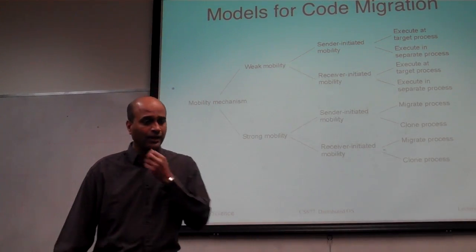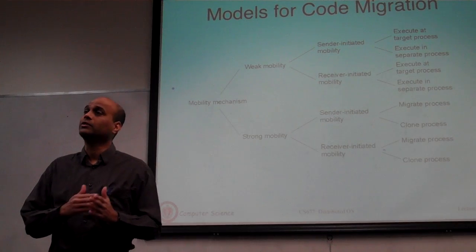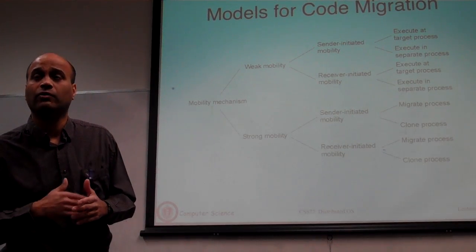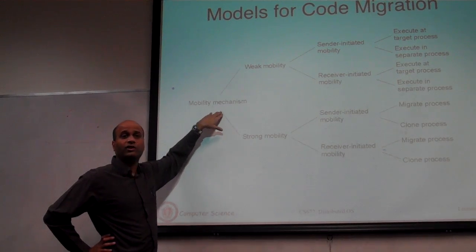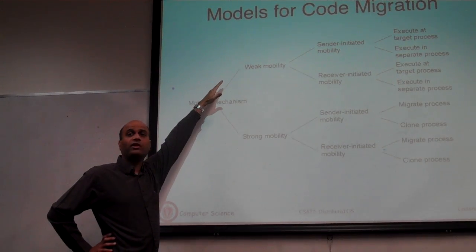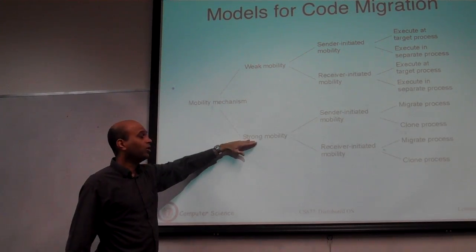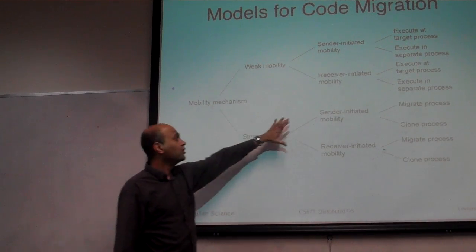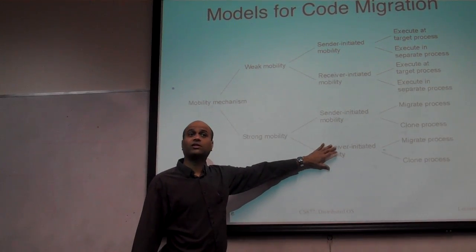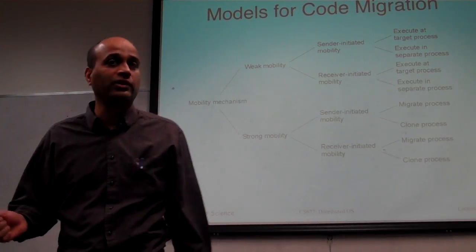So this slide shows all the combinations of the various dimensions that you have to worry about when you talk about either process or code migration. We'll broadly refer to that as mobility. You have weak mobility, that's a term that's synonymous with code migration, or you have strong mobility, which is process migration. Within each, you can be sender initiated or receiver initiated. Whether the sender triggered the migration or the receiver triggered the migration.